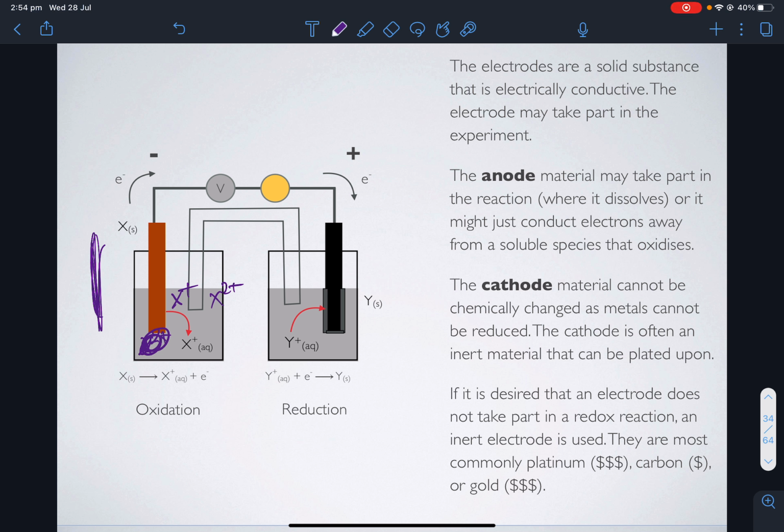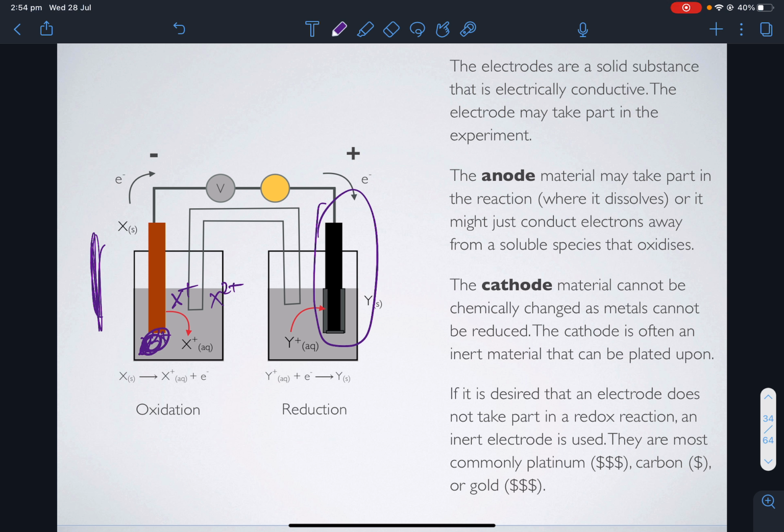The cathode here on the right hand side cannot be chemically changed. If you have a metal on the cathode, electrons are coming in. Reduction happens at the cathode. You can't reduce a metal. You can't add electrons onto a metal. It doesn't work that way. Metals give up electrons.